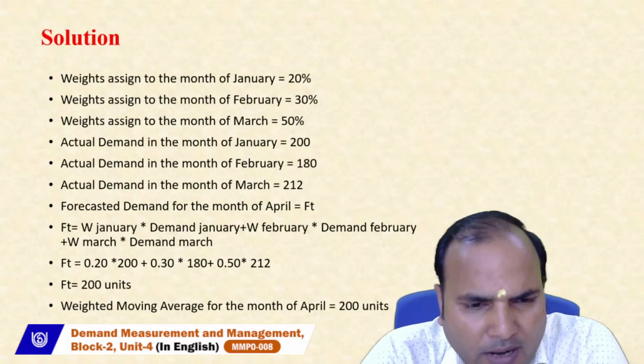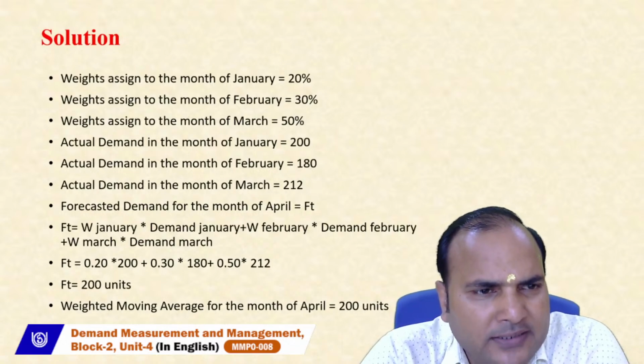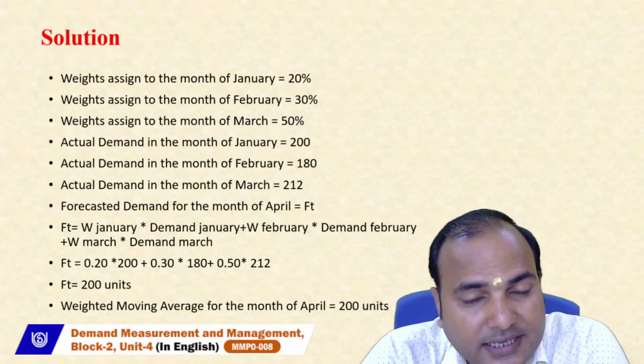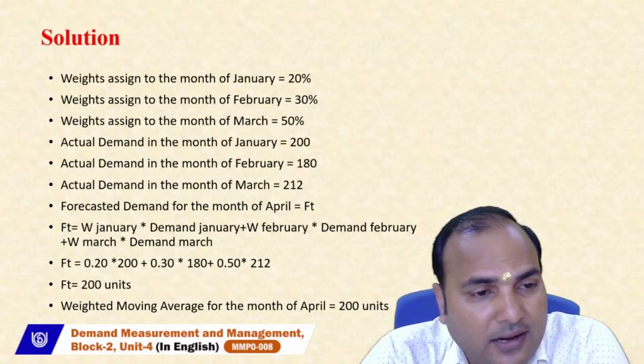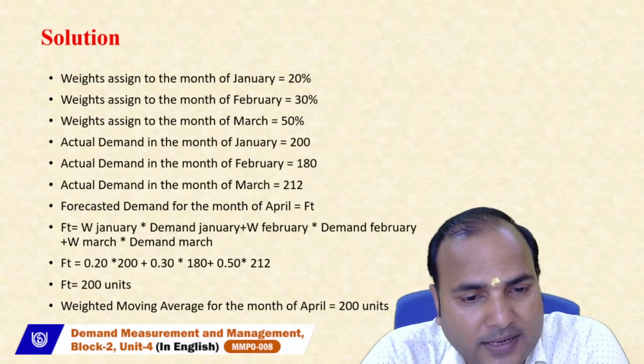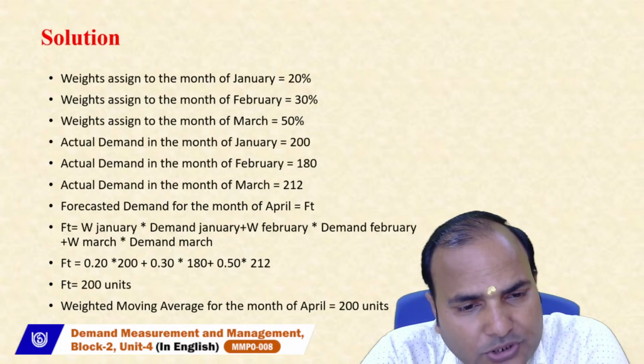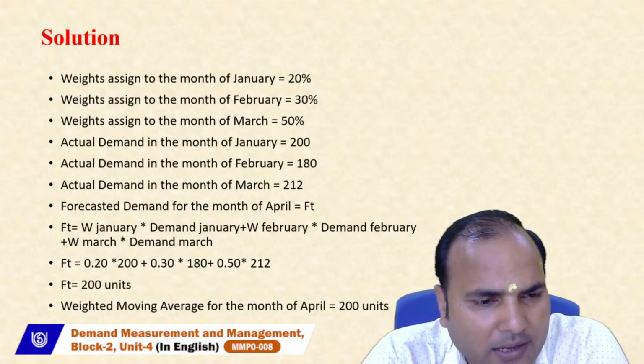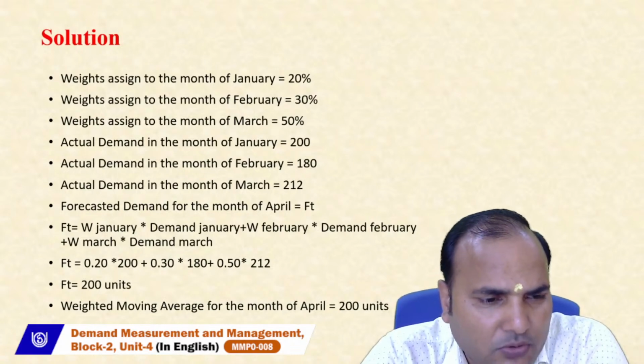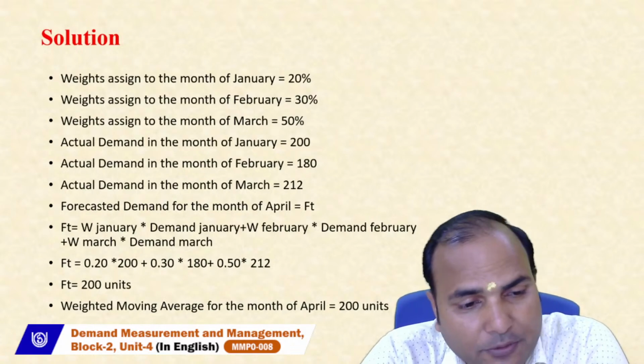But in the month of March, the weightage assigned is 50%. So it will be written as 0.50, and actual demand in the month of March is 212. So 0.50 into 212. By adding all these, the value will be 200 units.